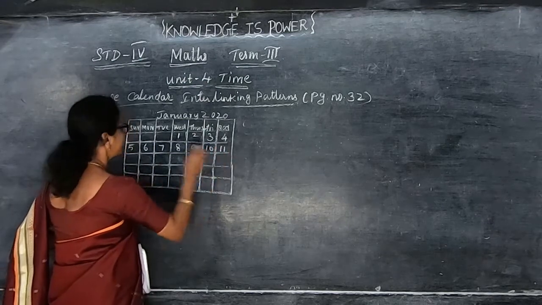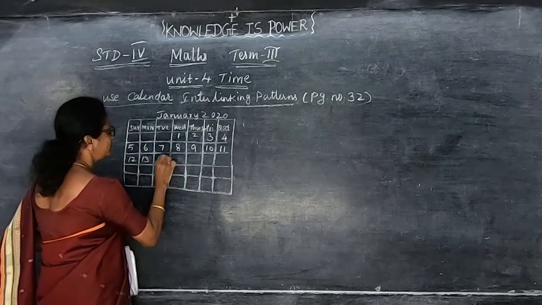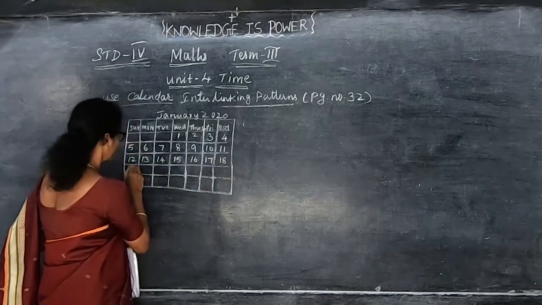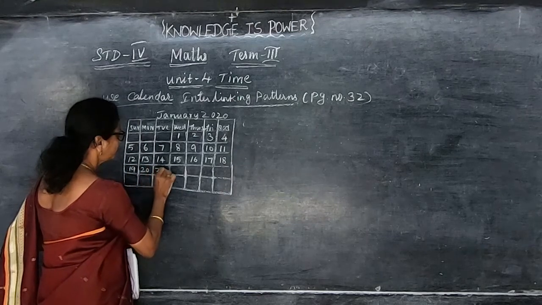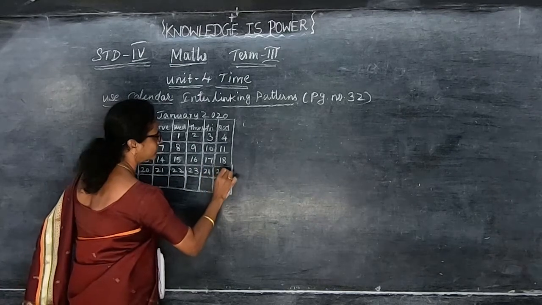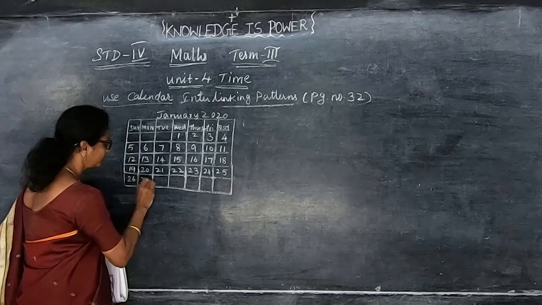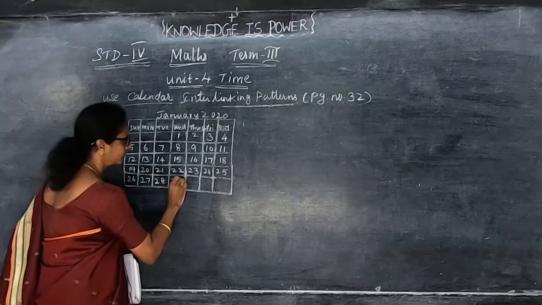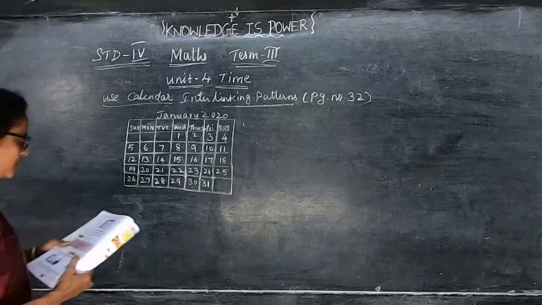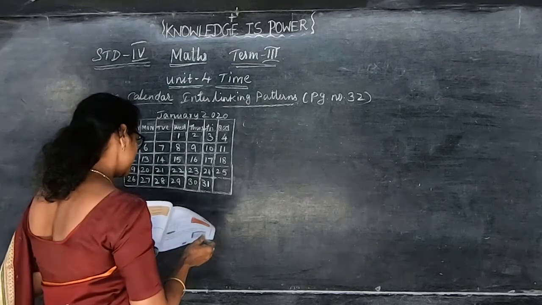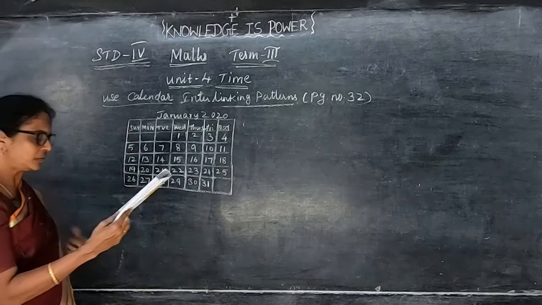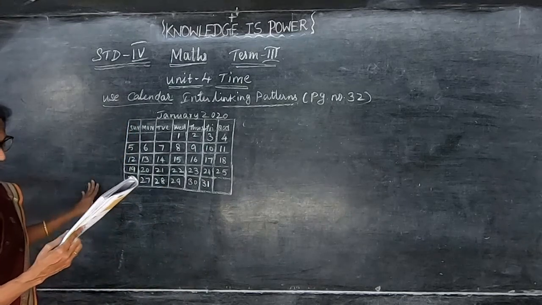Okay. I'll write the number question now. Here what you have to do is select any month, and find the 3 into 3 and 2 into 2. Now we have finished saying that. Now we'll see the next line.